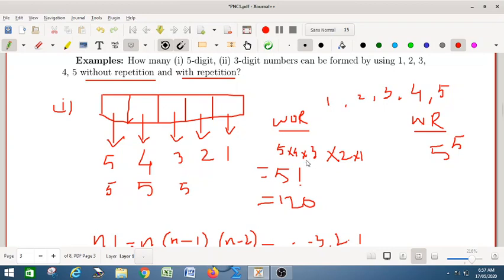Without repetition there are 5 into 4 into 3 into 2 into 1. In both cases you are applying the multiplication rule, but with repetition you have 5 choices for every position. You have to make it very clear that these two cases, without repetition and with repetition, are very important.